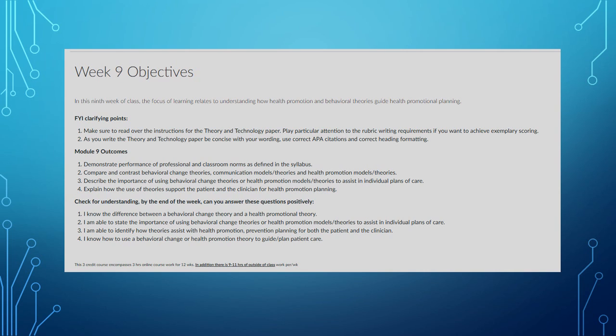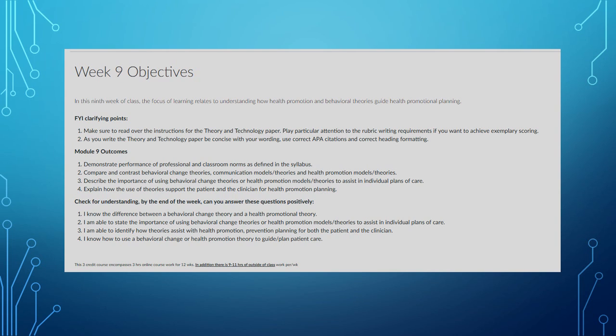For this paper, I'm really going to be tightening you up because as a nurse practitioner, I need to be able to communicate in as few words as possible the essence of what I need to get across to another person. So I want this paper to be concise. Please make sure you're looking at the instructions. We'll go over those in just a little bit.